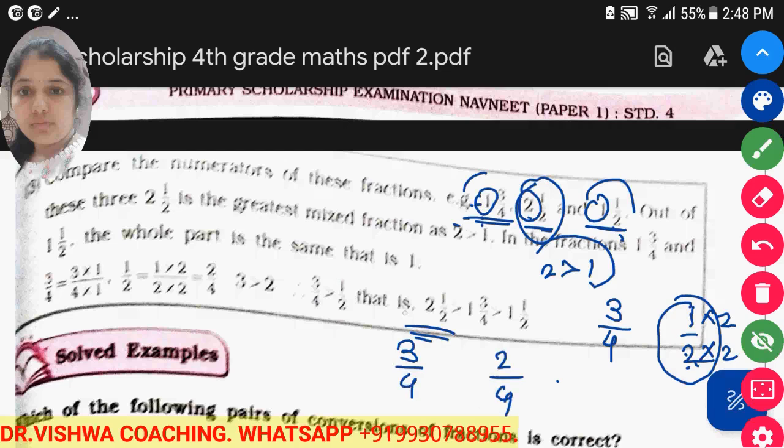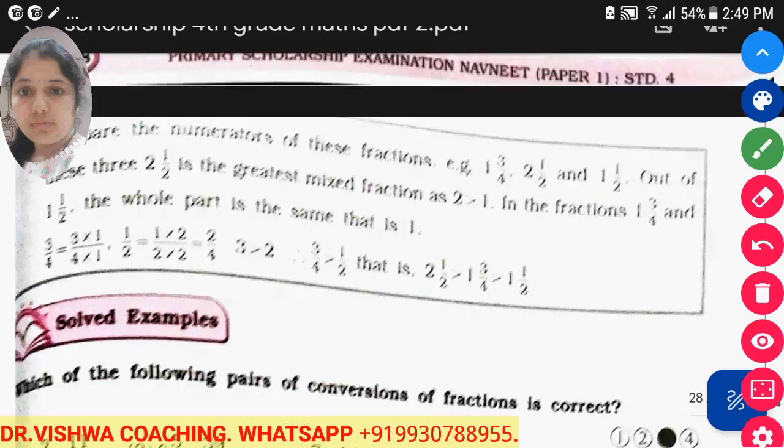Now these are two fractions whose denominators are common. So the fraction whose numerator is greater is the greater fraction, which we learned in the last topic. So 3/4 is greater than 2/4. So 1 3/4 will come after 2 1/2, and then 1 1/2.